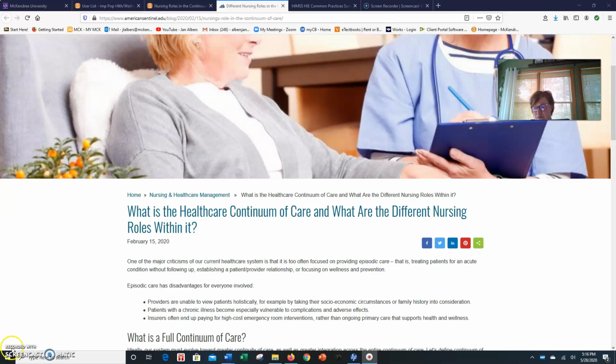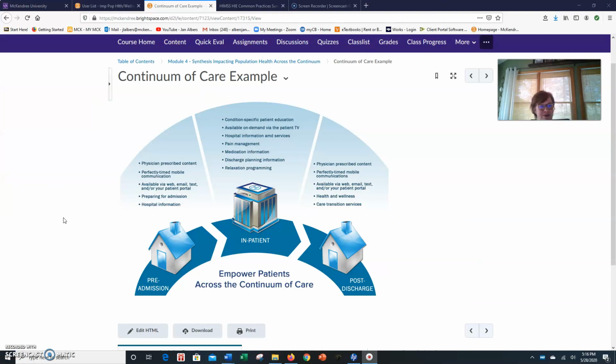You will also see just a very simple picture of the continuum of care, and really it goes beyond those aspects. This is in the context of acute care.